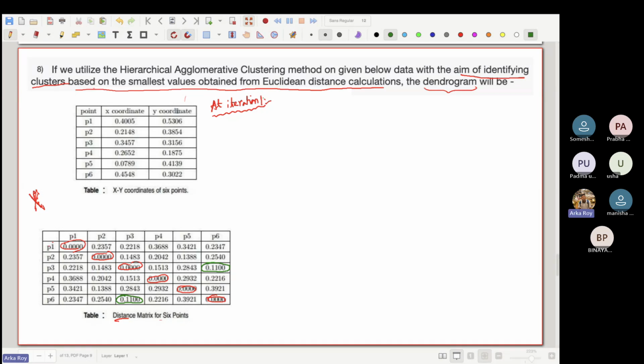So after the first iteration, the first cluster of data pair is P3, P6, right? Because the distance between P3, P6 is lowest in table 1.